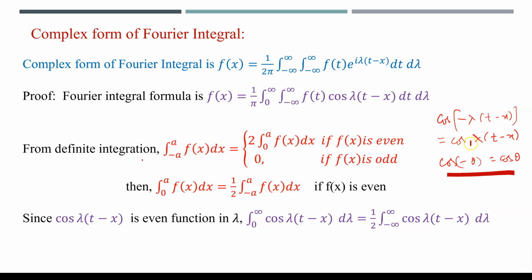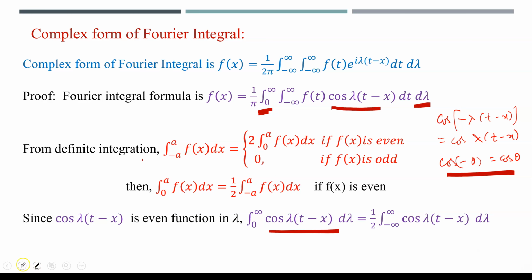That means cos lambda into (t minus x) is an even function, so we can apply this definite integration formula. According to it, integral 0 to infinity cos lambda into (t minus x) d lambda equals 1 by 2 integral minus infinity to infinity cos lambda into (t minus x) d lambda. So we replace integral 0 to infinity using this.